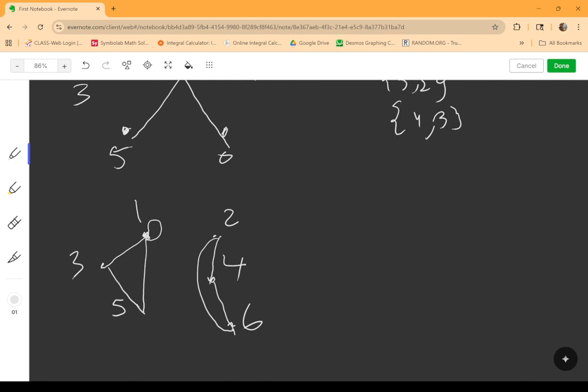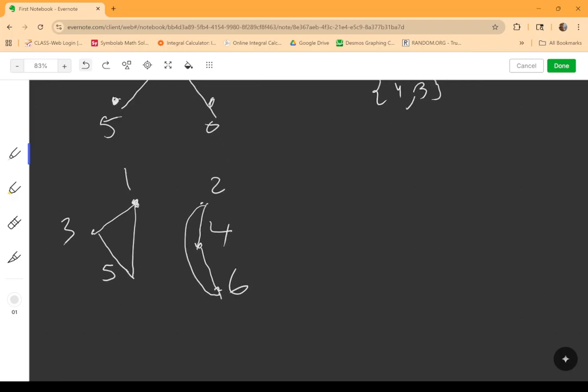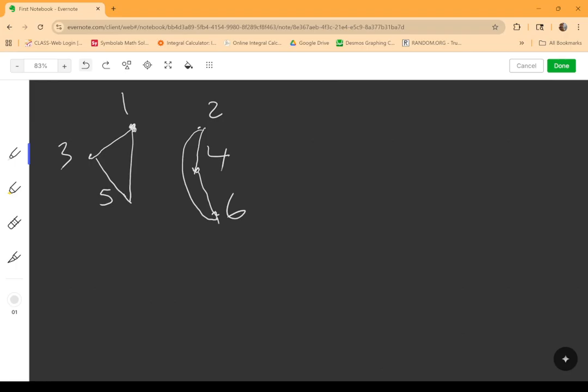We don't allow for that, which again, depending on what you're modeling, may be something you might want to do. But here for simple graphs, 2 to 4 is the same as 4 to 2, and there's no relation to itself. I can't have a loop starting at 2 and ending at 2.